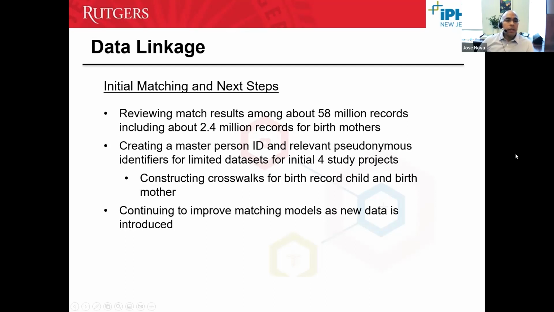We're also constructing crosswalks for the birth record file to link child and mother. So we'll be able to track a child's mother across the data set as well as the child themselves. Like I mentioned, we're going to continue to improve our matching model as new data is introduced and as we learn more from fields throughout the process.